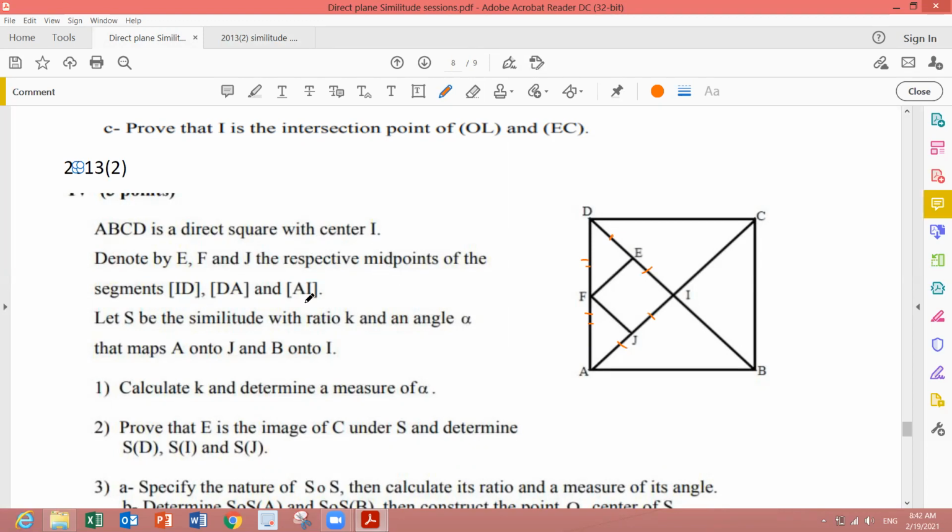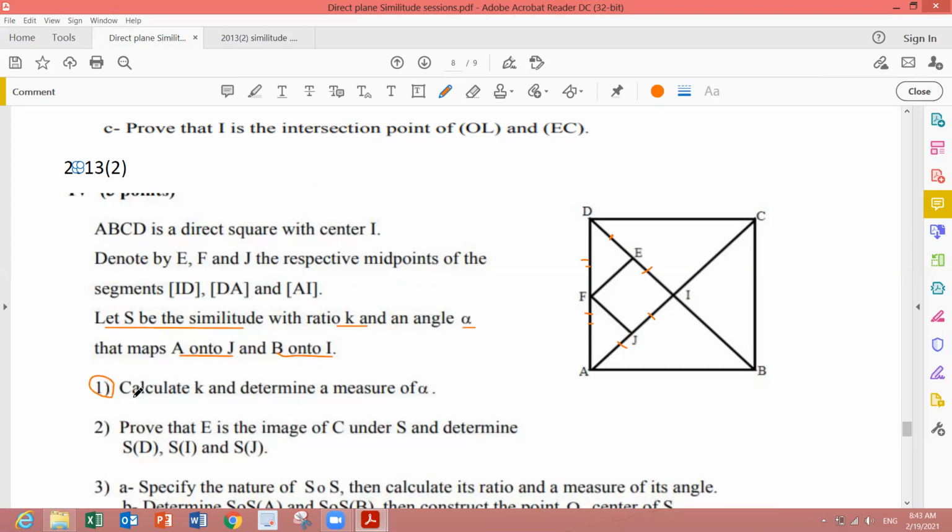Let S be a direct plane similitude with ratio K and angle alpha that maps A onto J and B onto I. Part 1, it is simple.